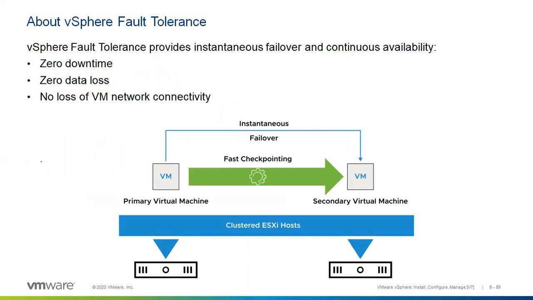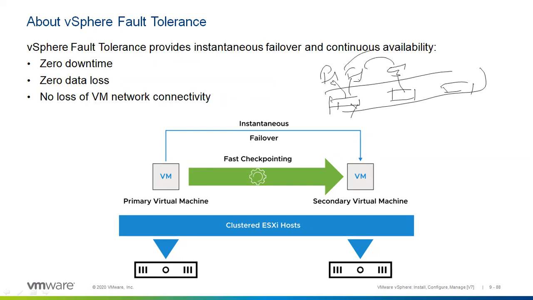When we say zero downtime, what we have been talking about so far in HA is that if any host fails, the VMs will be restarted on the rest of the hosts. But in some cases customers say this is my critical application and I don't want it to restart if the host fails, I want 100% SLA for this virtual machine. For that, you enable the fault tolerance feature for those particular virtual machines.